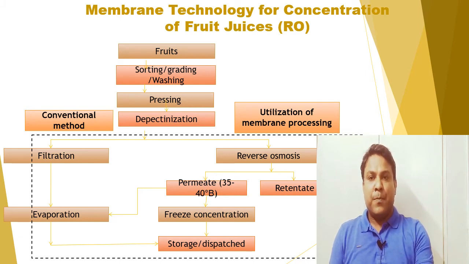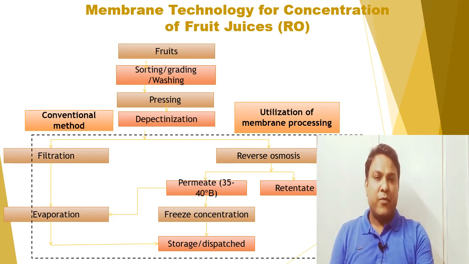By application of membrane technology, we go directly after the fruits to sorting, grading or washing, followed by pressing. We do depectination. Depectination increases the yield. This is used in both industries, either in conventional methods or where membranes are utilized.